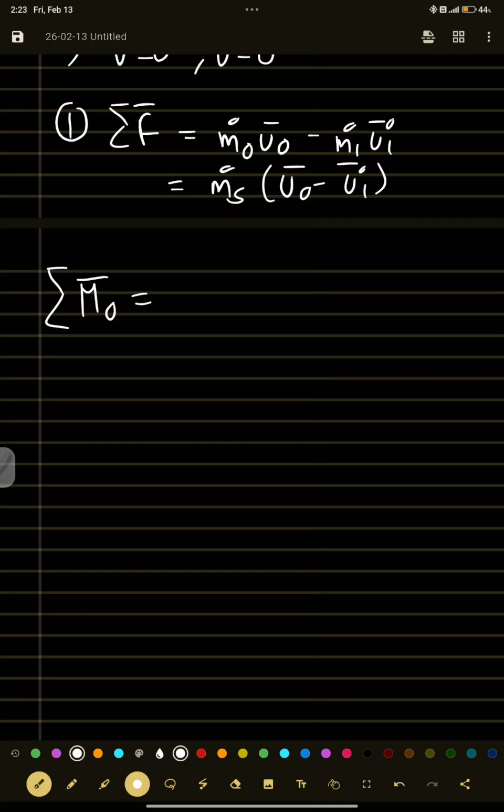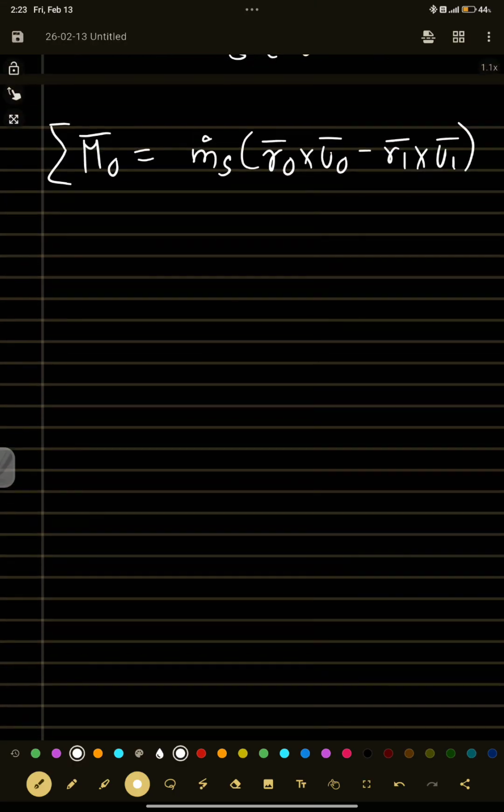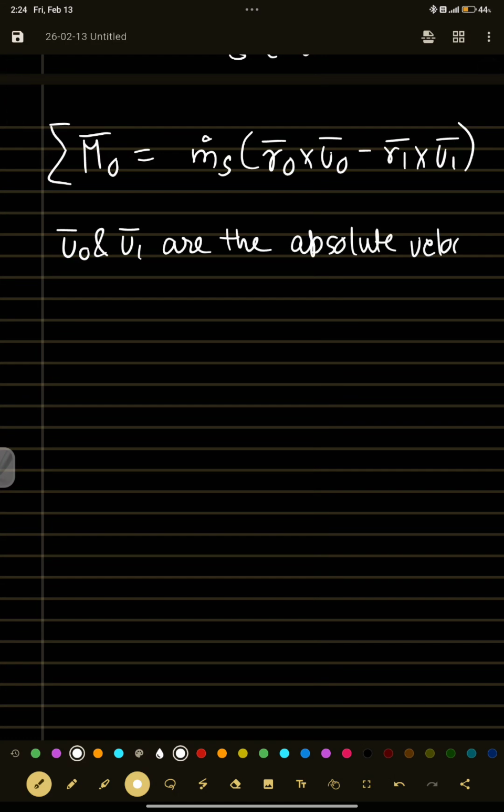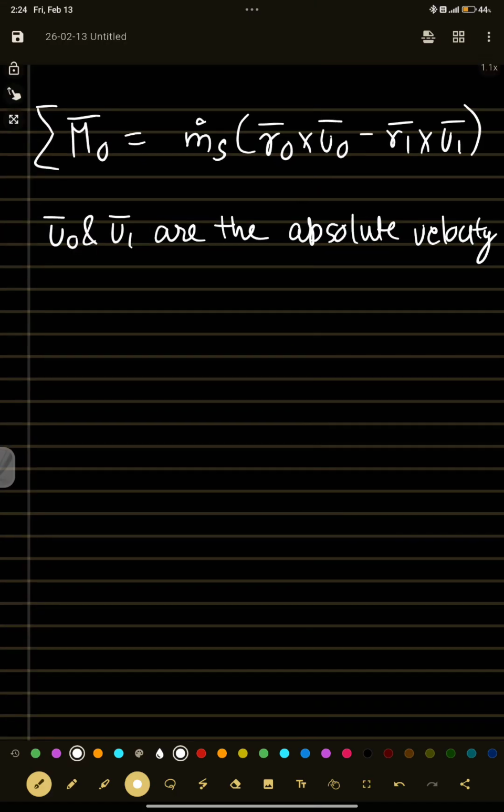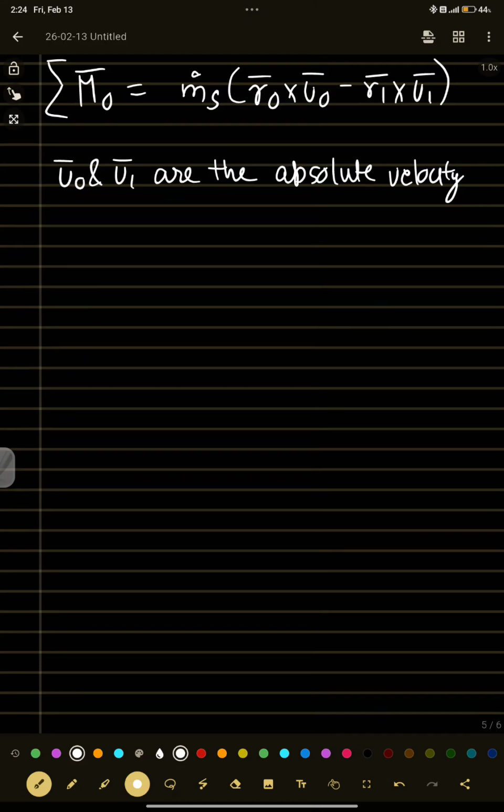And you end up with this equation, m dot S is R O cross U O minus R I cross U I. Remember, we had to remember that UO and UI are the absolute velocities of the mass leaving and mass entering respectively.